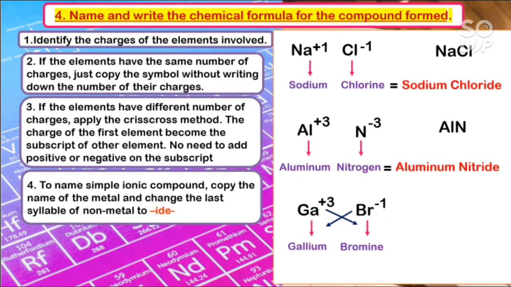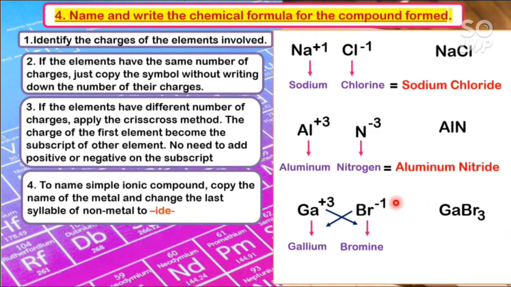Applying the crisscross method, it will look like this. The negative 1 will go to gallium and the positive 3 of gallium will go to bromine, like this. No need to add the positive or negative, just write the number.